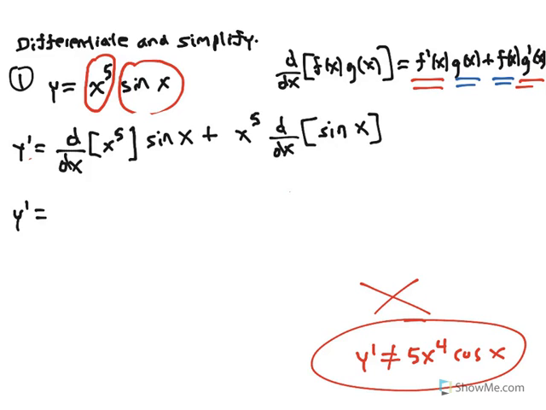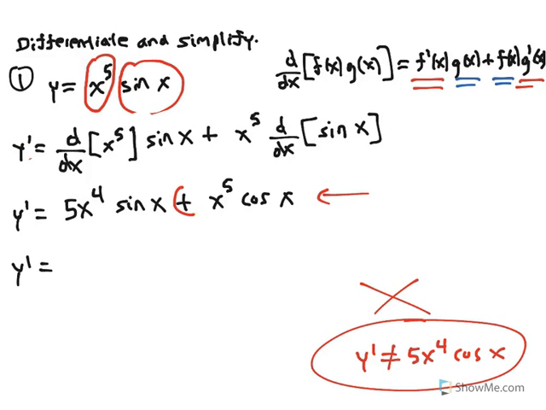So the derivative of the first function can be found using the power rule. Multiply that by the second function and add to that the first function times the derivative of the second function. The derivative of the sine function is cosine. So this is the correct derivative.